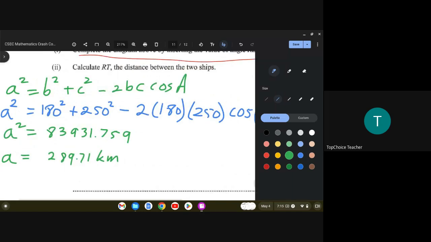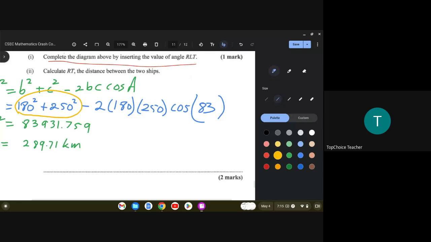If I was doing this in a normal Sharp calculator, I would figure out what is 180 squared add 250 squared first, and then I would figure out this portion: 2 multiplied by 180 multiplied by 250 multiplied by cosine of 83. And then I would take away those two things.